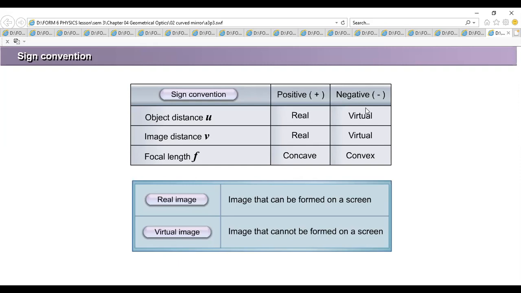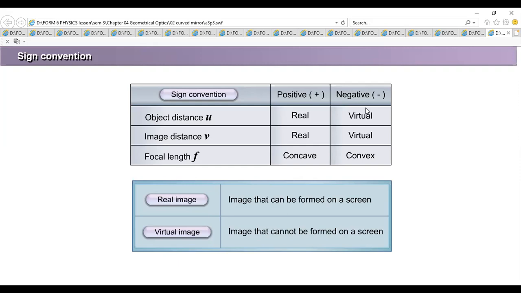For the real image and virtual image, we can view or see the image formed in or on the instrument. We can see the real image in the concave mirror. We also can see the virtual image in the convex mirror, in the concave mirror, and also in the plane mirror.